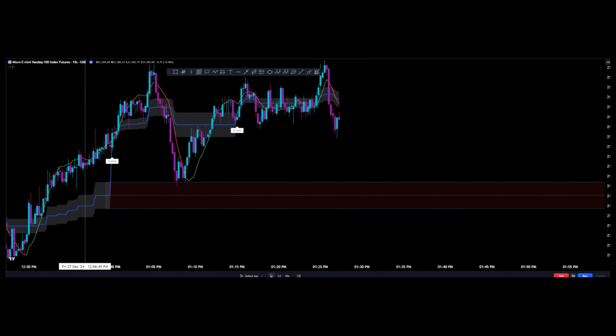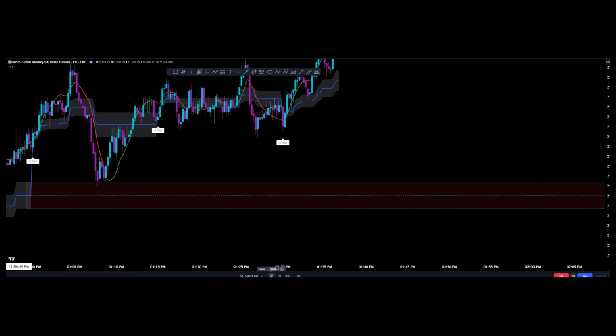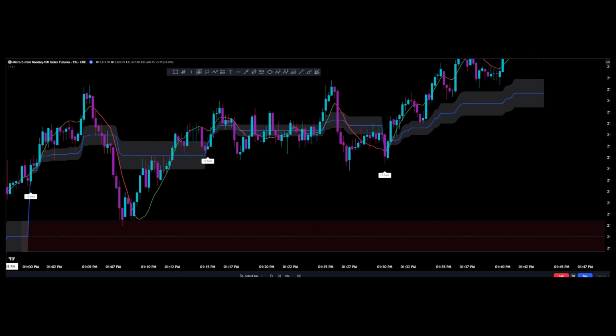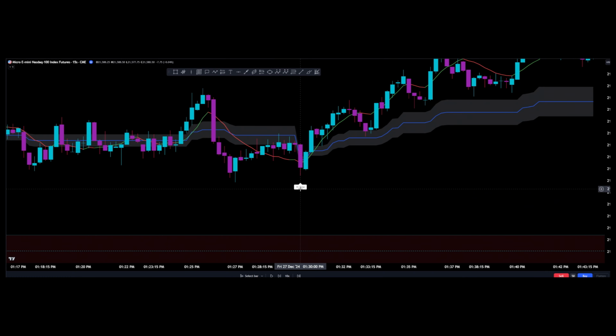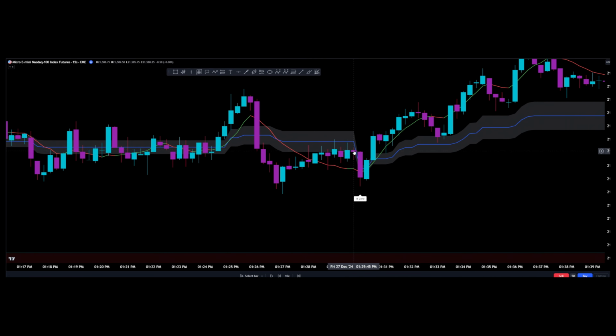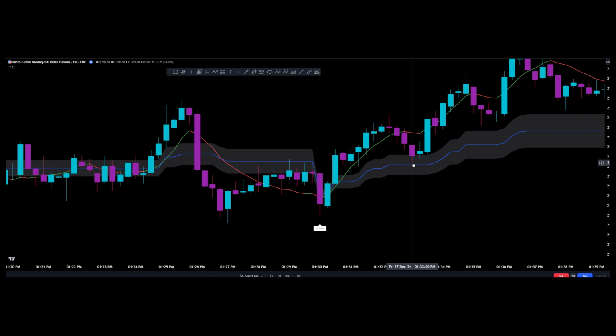Now, the other way that you can use this thing is breakouts of the new formation of a candle. So if you look right here, see how the labels here, this is a new 15-minute candle starting right here, and we immediately shoot down and shoot back up and break out over it, and then we get a little pullback that respects the zone right here.